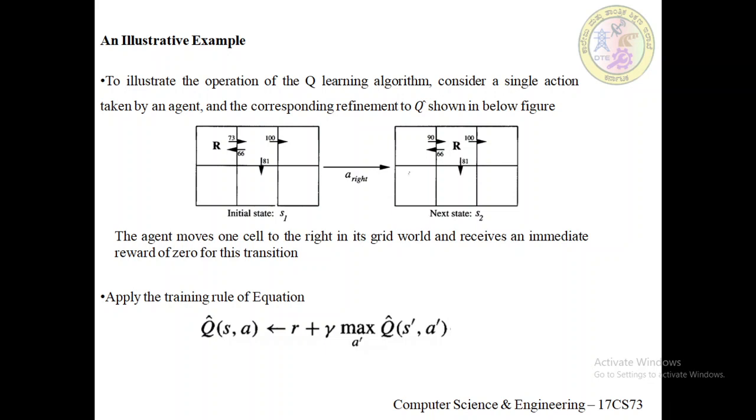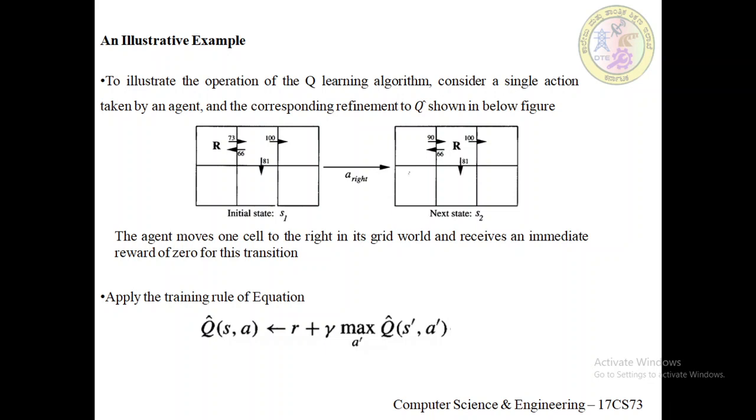Each time the agent moves forward from an old state to a new state, Q learning propagates Q cap estimates backward from the new state to the old. At the same time, the immediate reward received by the agent for the transition is used to augment these propagated values of Q cap. Now let's consider applying this algorithm to the grid world and reward function shown in this diagram.